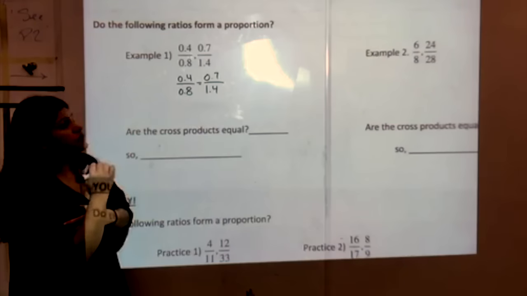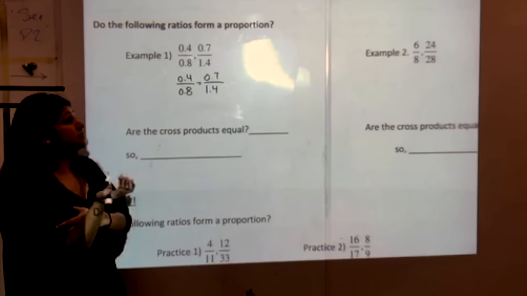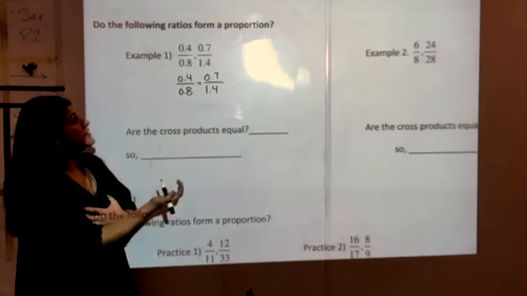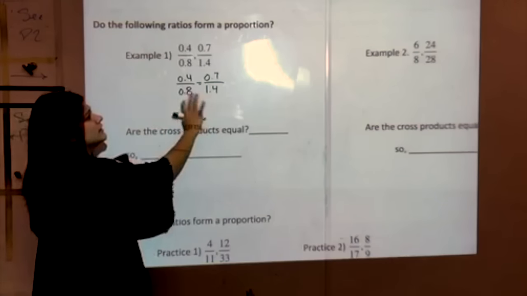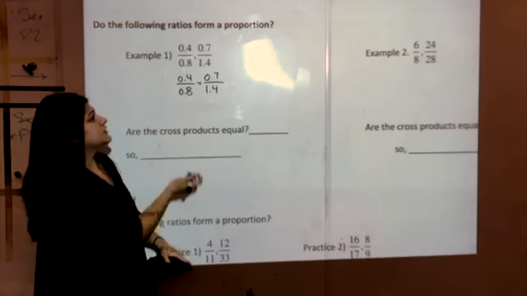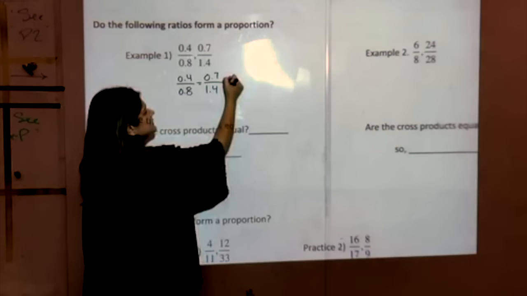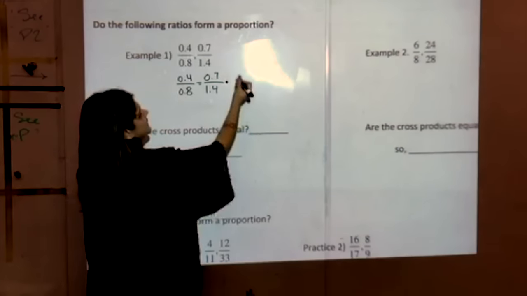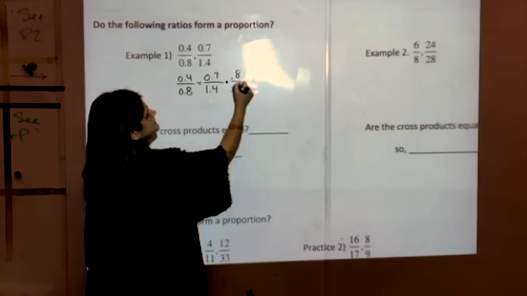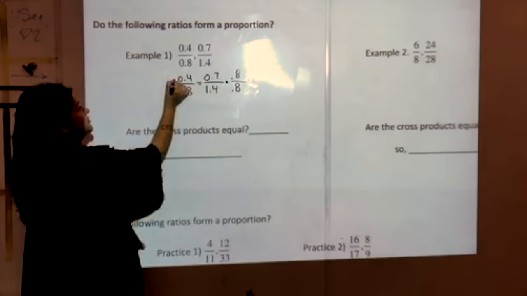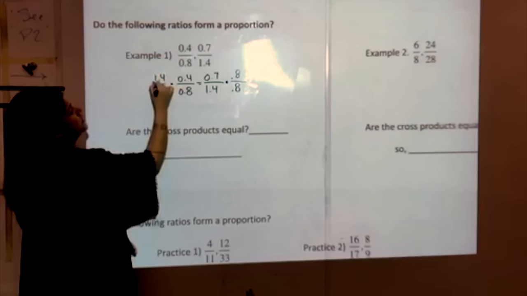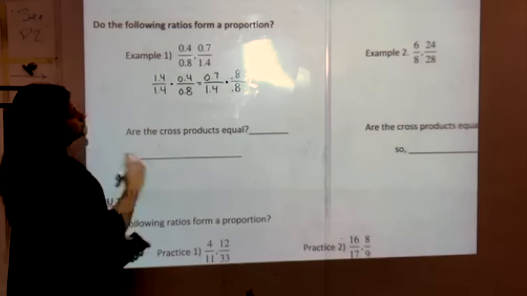But if we're trying to get equivalent fractions, and I'm not really sure what the greatest common or the least common multiple will be, then I can simply multiply each denominator by one another and get the same result. So I'm going to multiply this fraction by 0.8 over 0.8. And I'm going to multiply this fraction by 1.4 over 1.4. Okay?